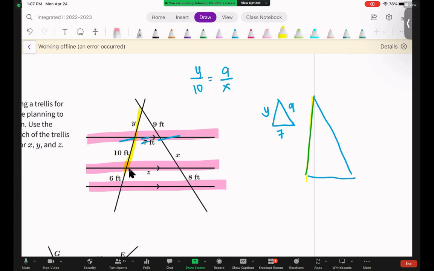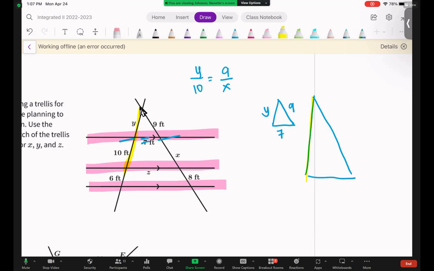No, it's y plus 10, right? It's y plus 10 because if you were a tiny little ant and you walked from here to here, you walked y feet. And then you took a break, you had a snack, and then you got up and you continued. Then you walked 10 more feet.